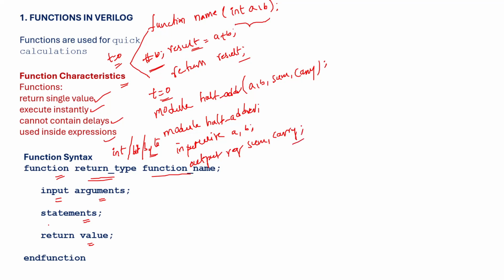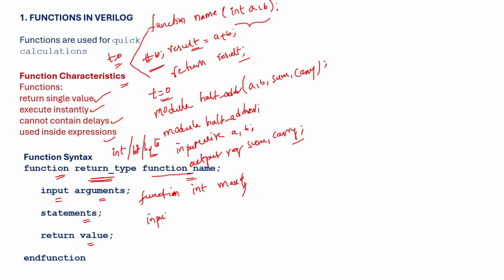In the same way, in a function also we write the function return type and then the function name. See the function: integer, and the name is max value, which I want to return. A semicolon separates the ending of this statement.